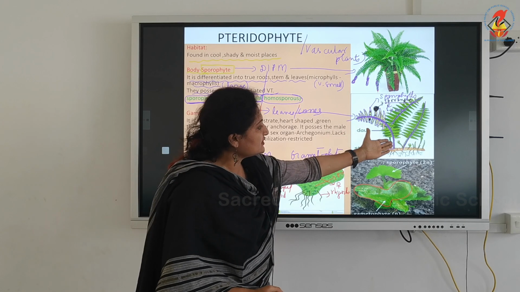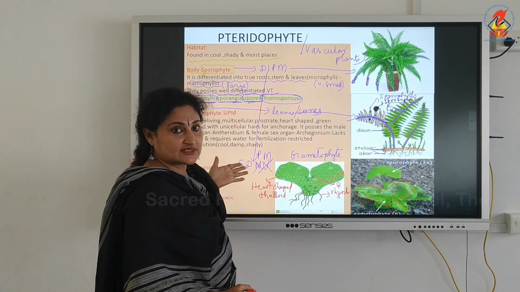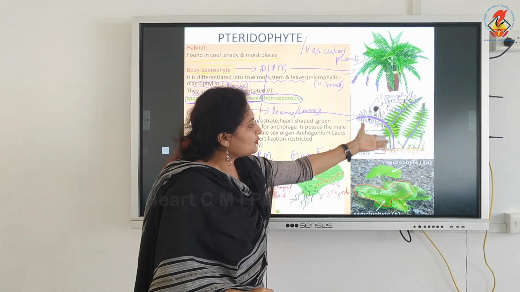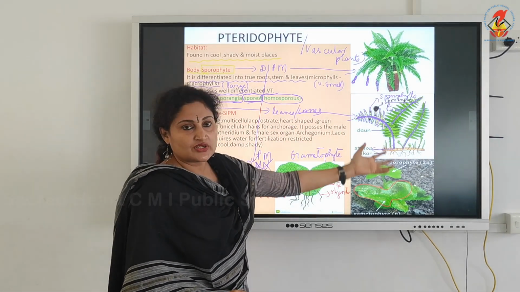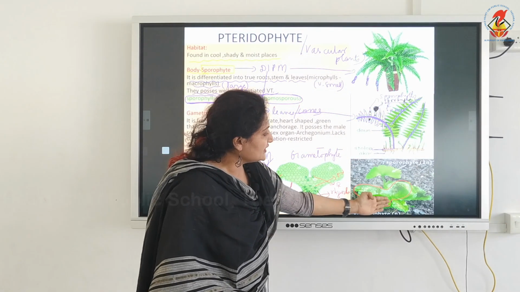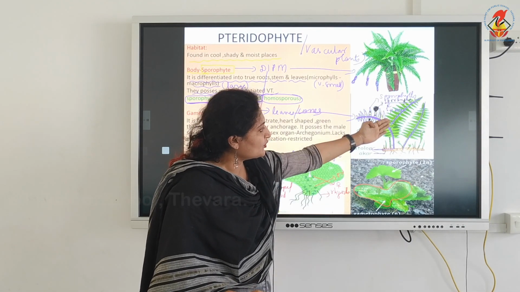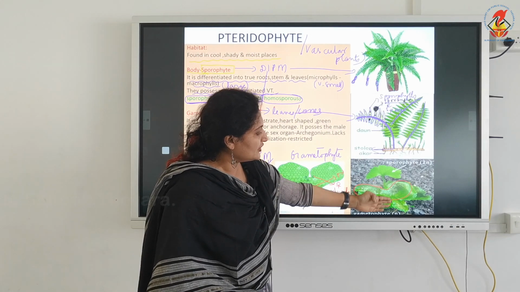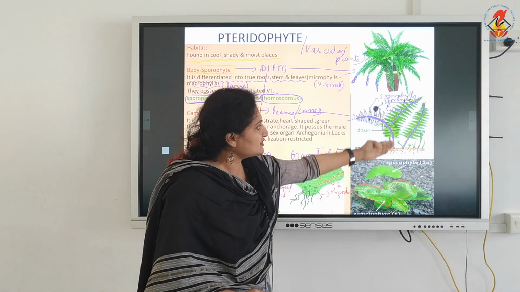See, the sporophyte is here, the gametophyte is at a far distance. It is not at all depending on the sporophyte for nutrients or for anchorage. It is growing independently. Maybe this is the sporophyte of this gametophyte, but look at the gametophyte at a distance from this sporophyte.